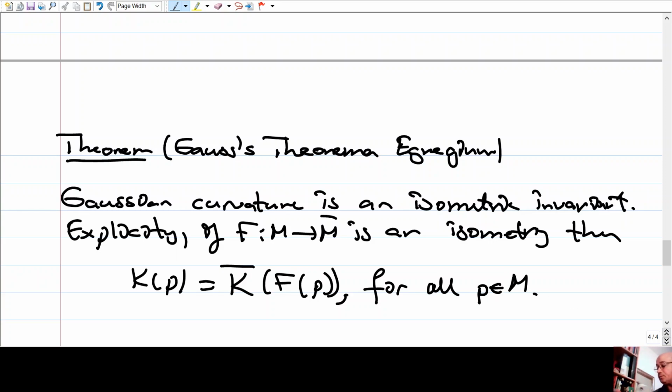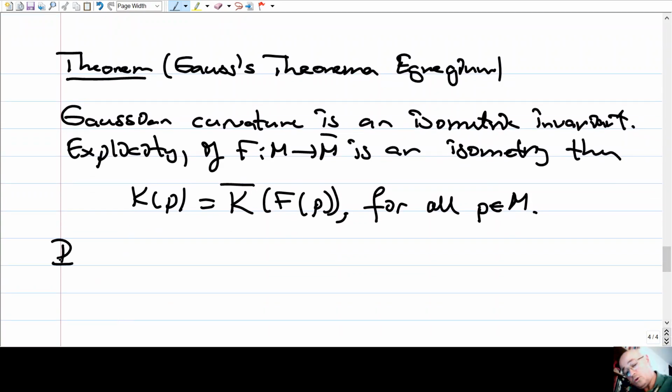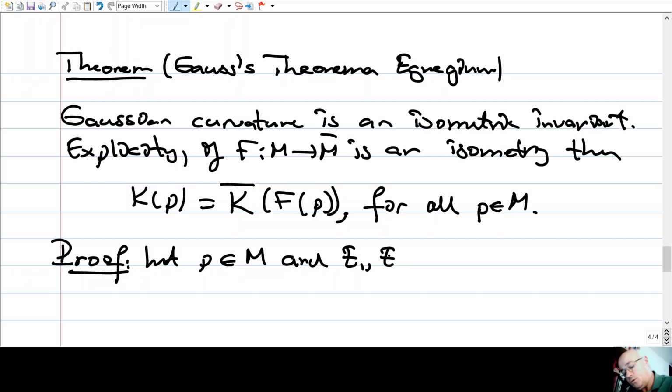Okay. Now let's see why this theorem holds. Proof. We have made a lot of preparation for this. Let p be a point on the surface and E1, E2 be a local frame, a tangent frame field, at p.